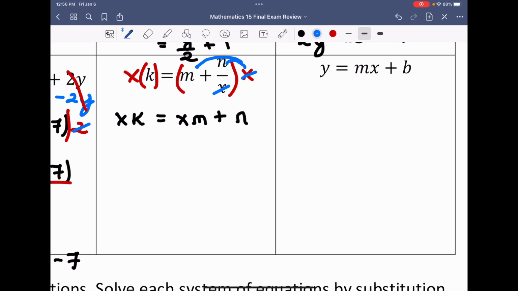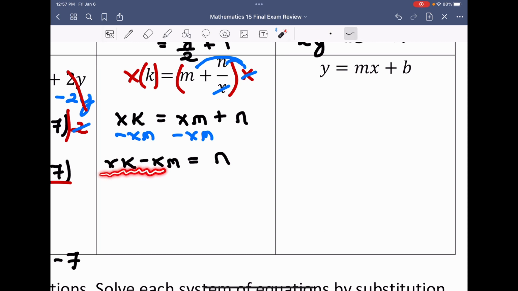Now I'm going to subtract away the x times n, subtract away the x times n. This might not be obvious of why I'm doing that, but here's why. If I go x times k minus x times m is equal to n, well, now we bring in the terminology of a GCF. What is the GCF, or the thing that is shared in this equation here? If I look at this line, what is shared? It's the x. I bring that out front.